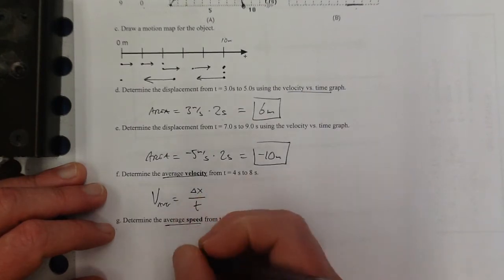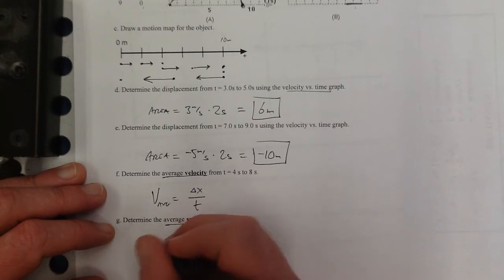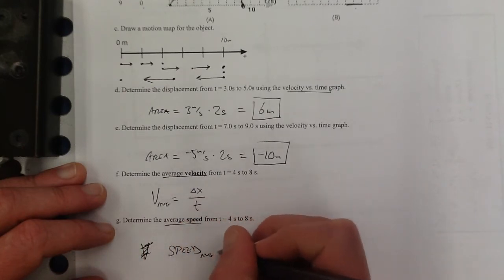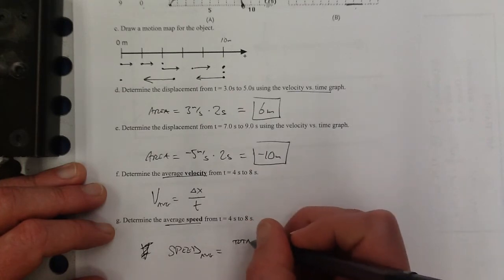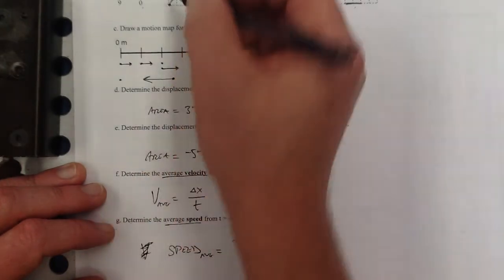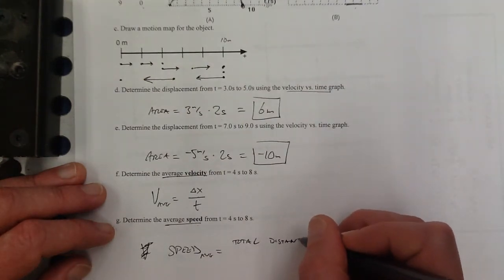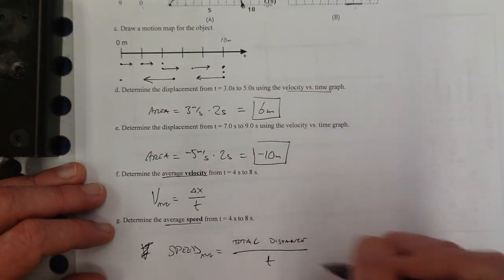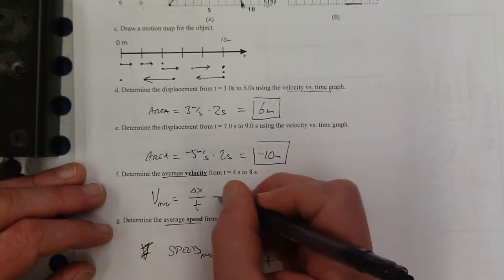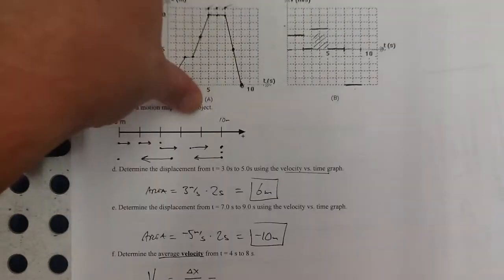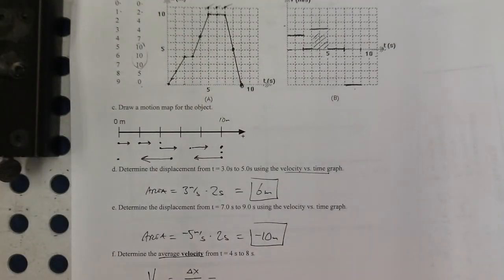Average speed is equal to total distance, so it does matter when you have turnarounds and stuff. Total distance over time. So sometimes these can be the same thing if there's never a turnaround, but it looks like there is here. So let's see what happens.